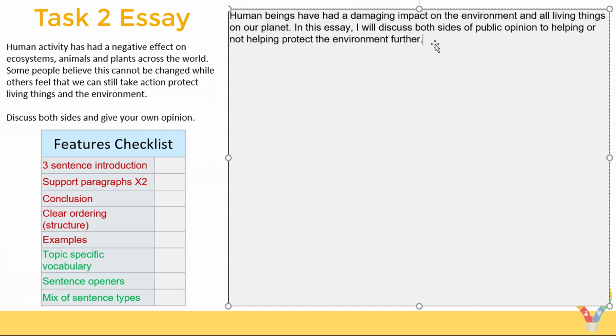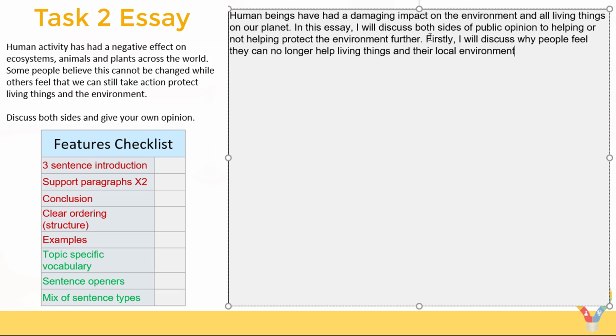And finally, we'll move on to our outline sentence. The outline sentence simply tells the examiner what we will be including in our body paragraph. So, as you should always do, firstly, I will discuss why people feel they can no longer help living things and their local environment.